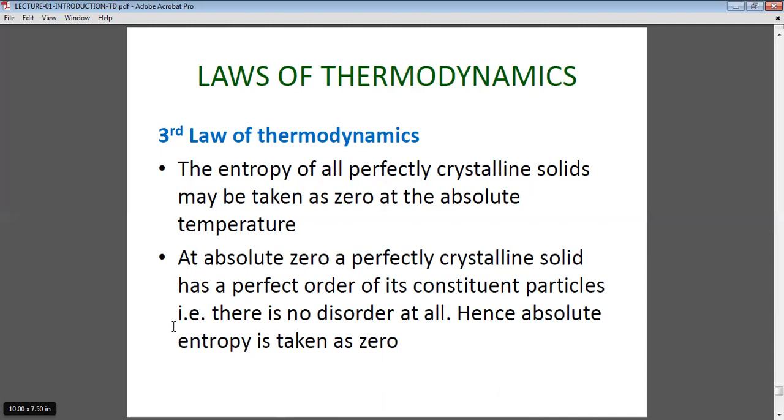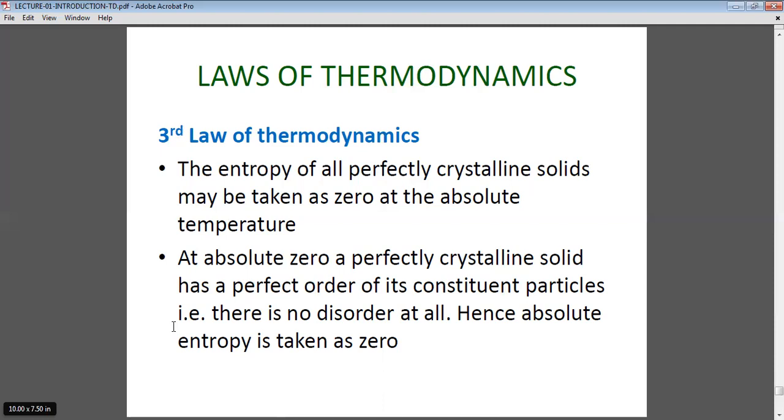For all possible processes that a system in given surroundings can undergo, the change in entropy of the universe is the change in entropy of the system plus the change in entropy of the surroundings. Entropy may decrease locally in some region within the isolated system, but it must be compensated by a greater increase in entropy somewhere else.